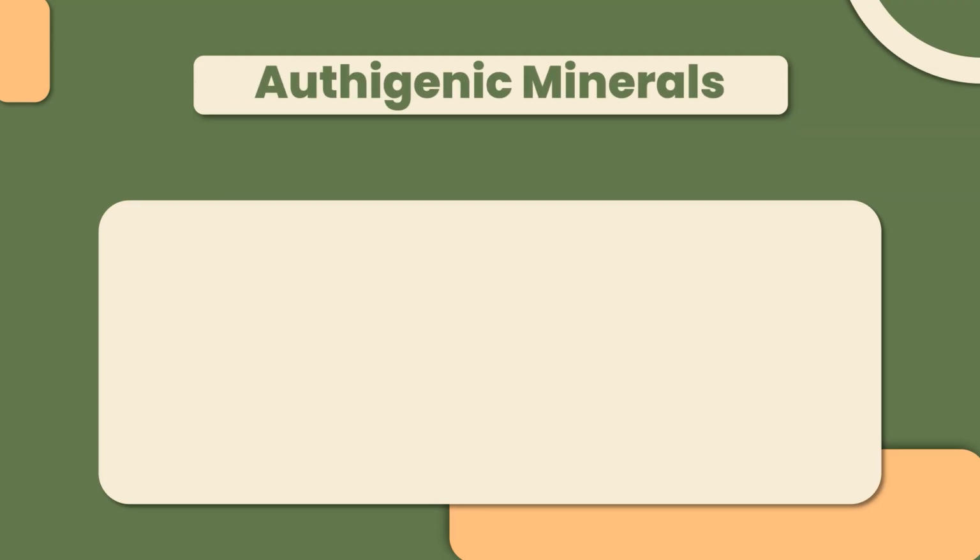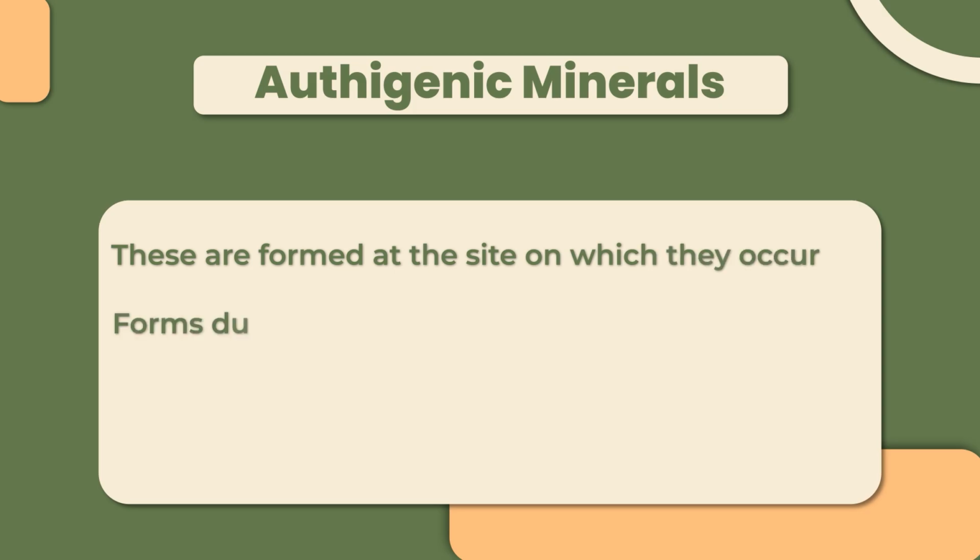Similarly, some rocks can break by other mechanical processes, by the heat of the sun; cracks may develop and increase, and finally the rock breaks down into small particles, which are transported by rain, rivers or different agencies. So they get detached and released from the parent rock. The orthogenic minerals are formed on the site on which they occur.